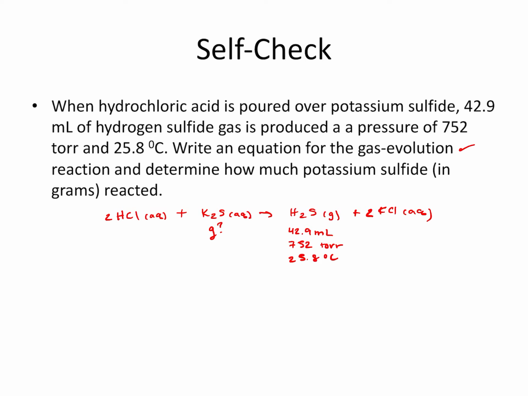How do I figure that out? If I ever want to go from this substance to this substance, I need moles. I always need to use my mole ratio. Therefore, I have to use all the information I'm given from hydrogen sulfide gas to get moles. Since I have one of each of the variables, I can use my ideal gas law and isolate for moles.